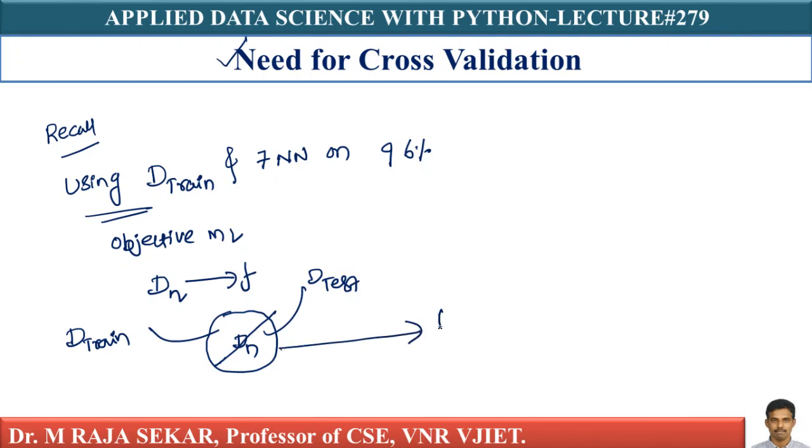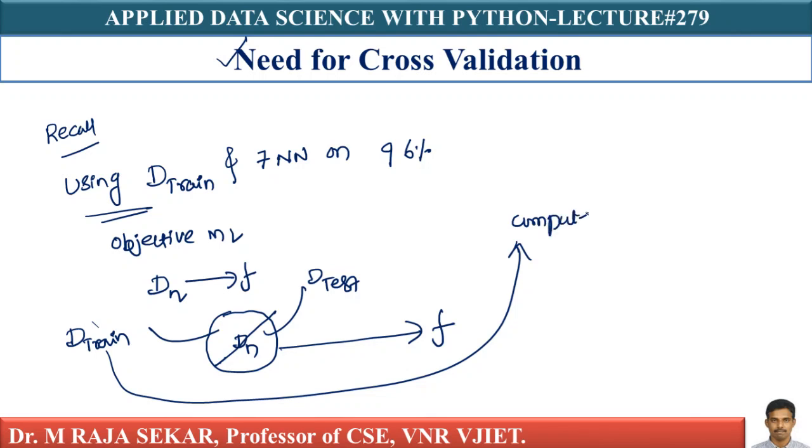We use dtrain to compute function F. Actually, we use dtest to determine my K. In my previous lecture, I derived K as 7 by using dtest.